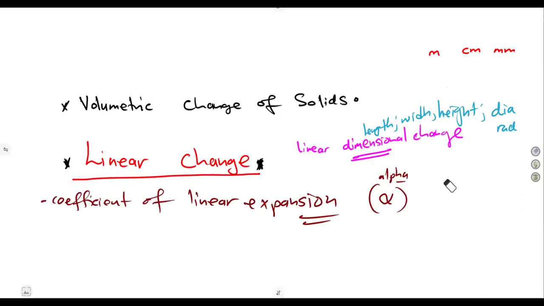So those that are under linear work with linear expansion, and their coefficient is called the coefficient of linear expansion. This is what I'm trying to say.